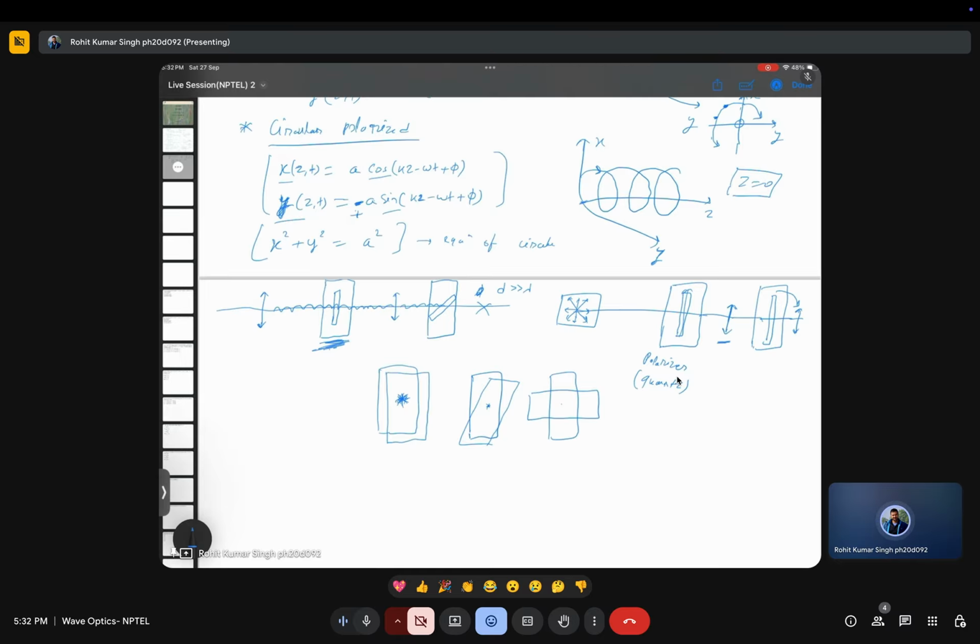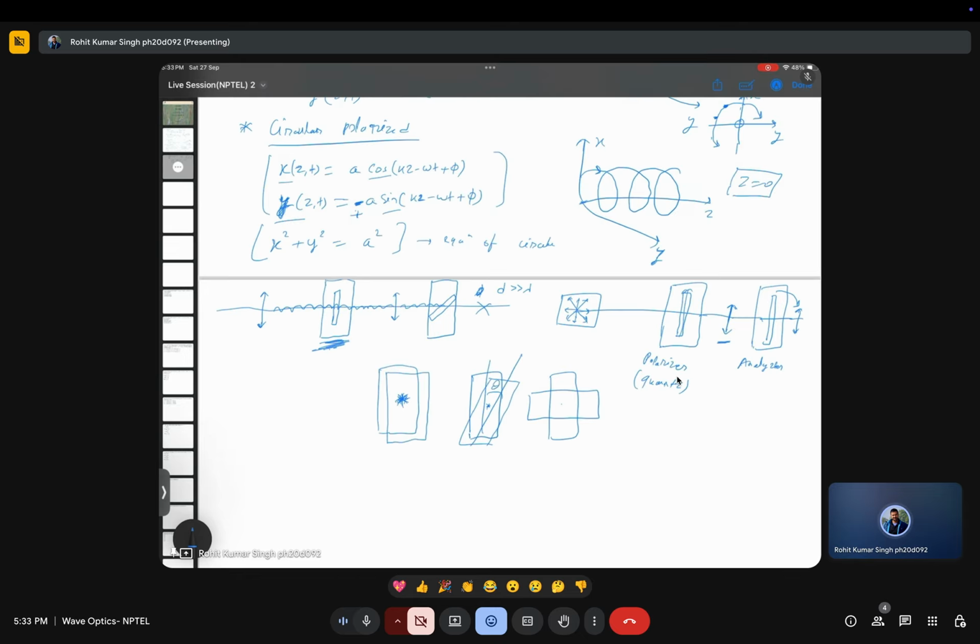And these polarizers only let the light pass through in one direction, so you won't get anything when you rotate it in a perpendicular direction. This second polarizer is actually called the analyzer. So it analyzes in which direction the light is polarized by the polarizer, okay? So it depends on the angle between this and this.